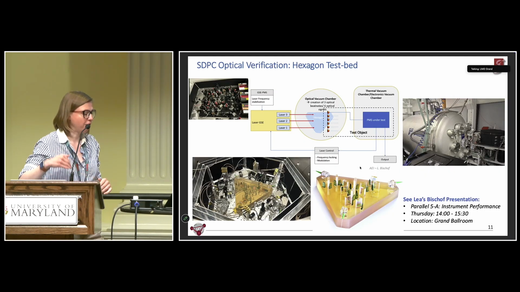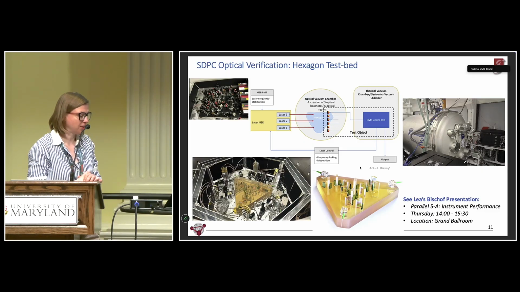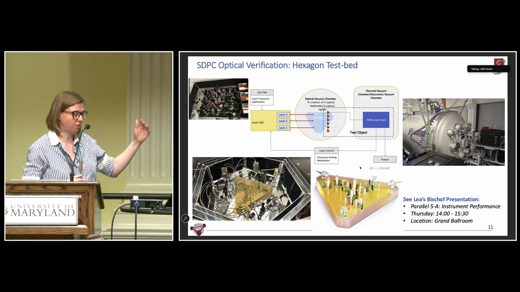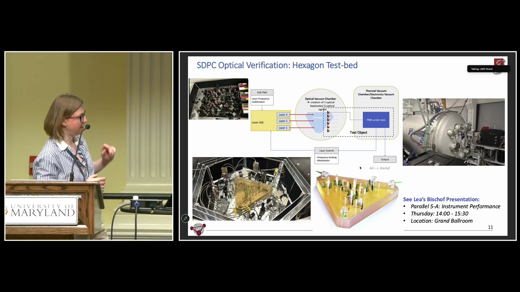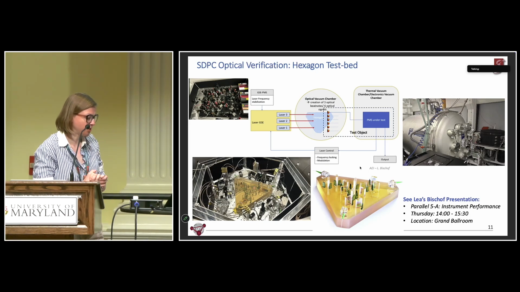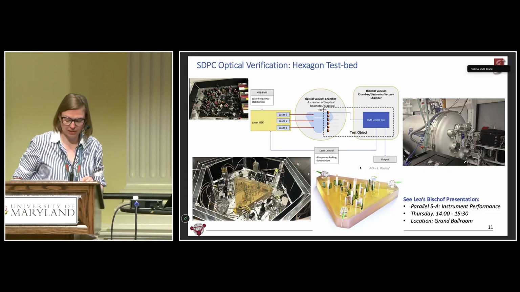The phase meter under test is connected to our laser ground support equipment to provide frequency stability, locking, and modulation for one of the lasers. The current laser preparation bench is also pictured here. More details about the setup, its preparation, and its performance will be given tomorrow during the afternoon session by Leah Bischoff.